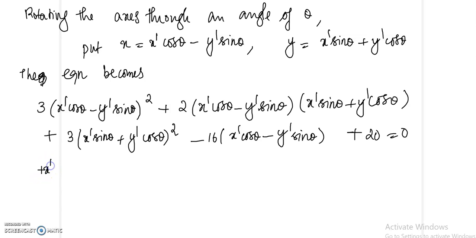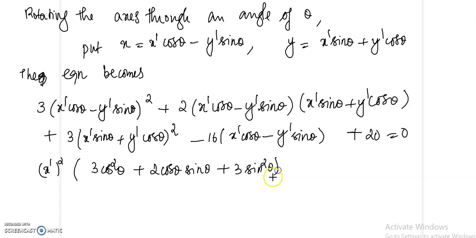So let us take the coefficients. The coefficient of x dash square is 3 cos square theta plus 2 cos theta sin theta plus 3 sin square theta.